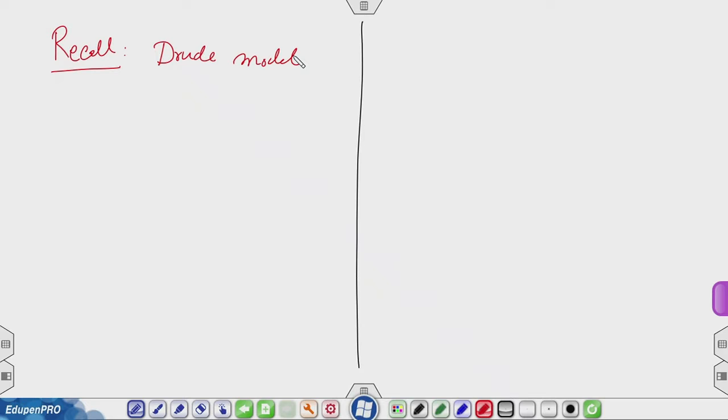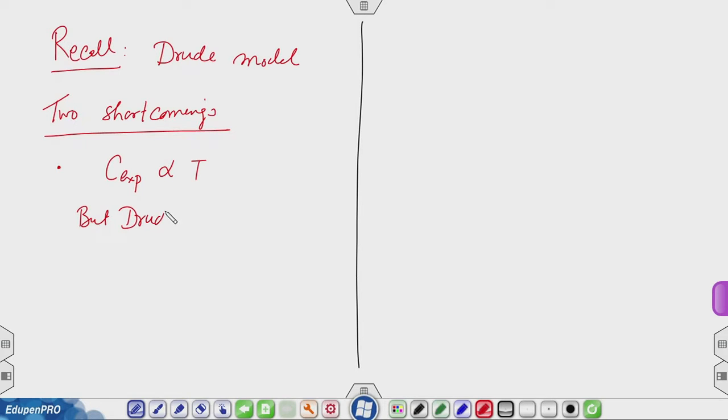Two shortcomings that I said I will address in the coming week are: number one, experimentally the specific heat of metals is proportional to T, but the Drude model gives C equals 3/2 N kB, and this is not correct.